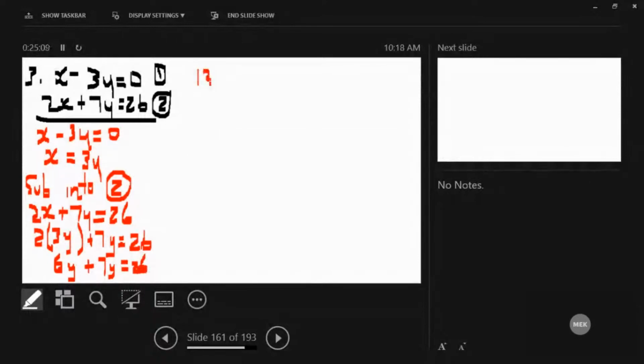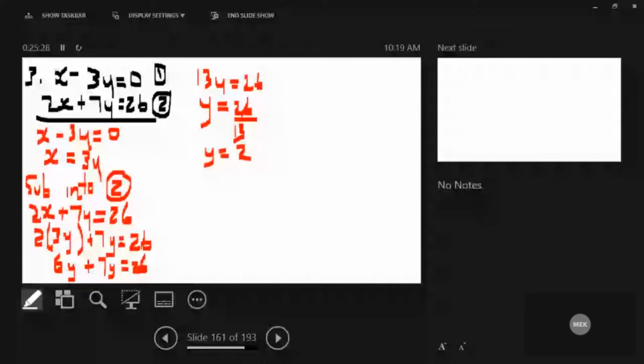So if 13y gives 26, then y is equal to 26 divided by 13, which is 2. So y is equal to 2. So we're going to substitute that value into equation 1.